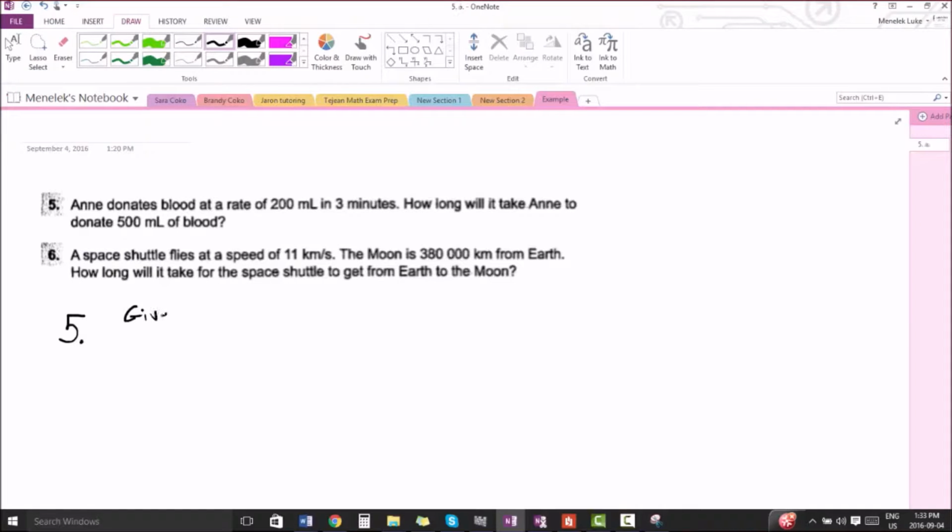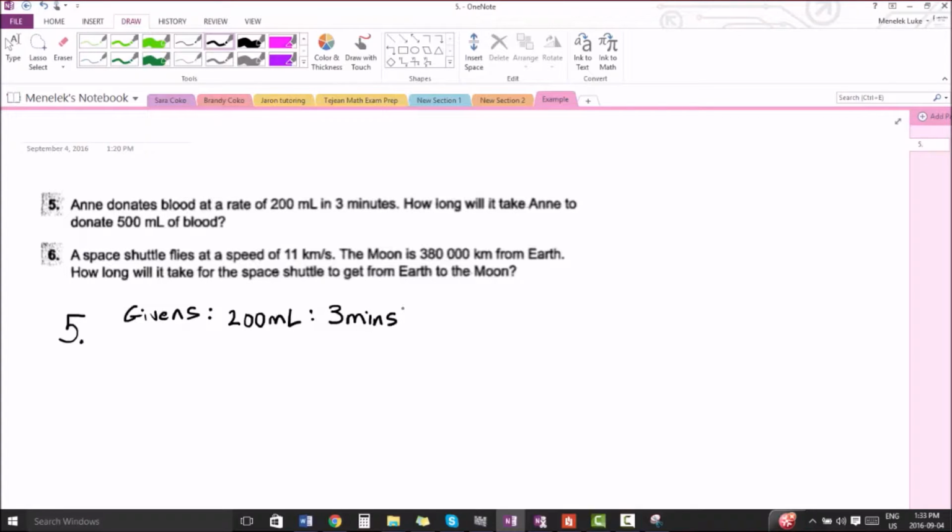I always go over the givens. So what is given to you in the question here? That Anne donates 200 milliliters of blood in 3 minutes. That's right. So one of the givens is a ratio, which is 200 milliliters every 3 minutes. Right?